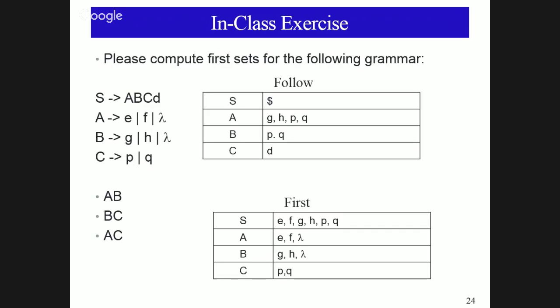Okay, so what does a table look like? Well, notice there are 4 non-terminals, S, A, B, and C. So the table should start with S, A, B, and C. Recursive descent, remember, you had a function for each of these non-terminals.